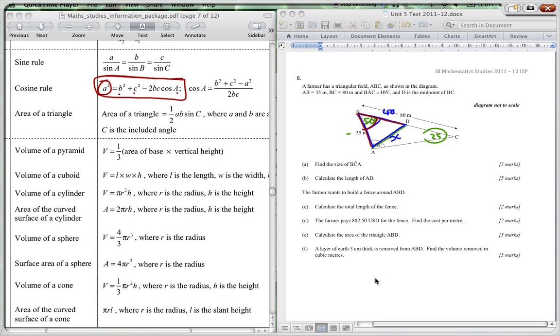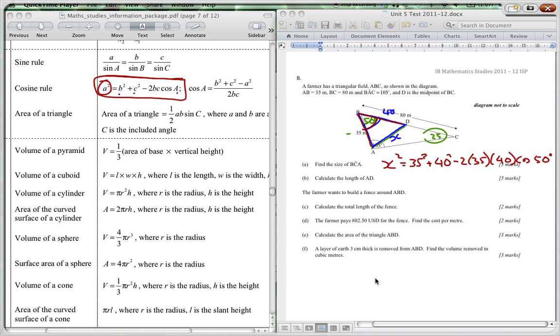So x squared will equal 35 squared plus 40 squared minus 2 times 35 times 40 times the cos of 50 degrees. Now remember, your answer is x squared, and you still need to take the square root of it.